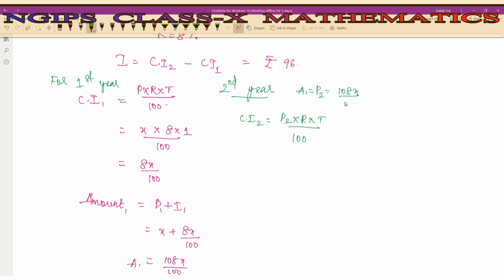So we have 108x divided by 100. I can write the principal as 108x divided by 100, into rate 8%, so 8 by 100. We are going to calculate for 1 year.